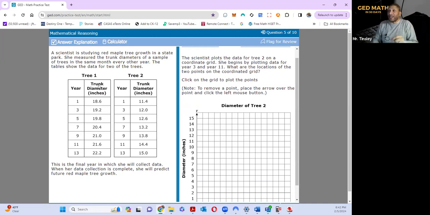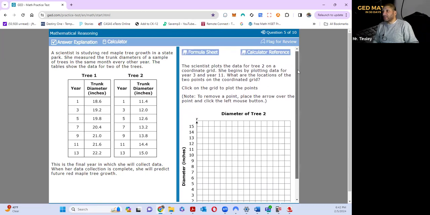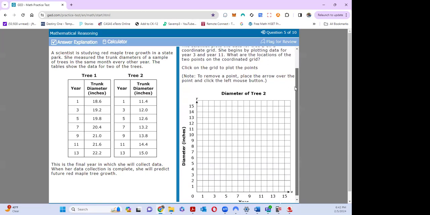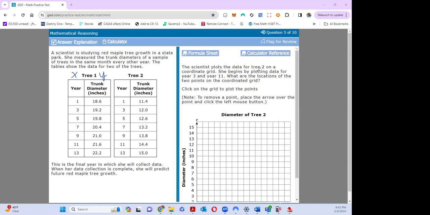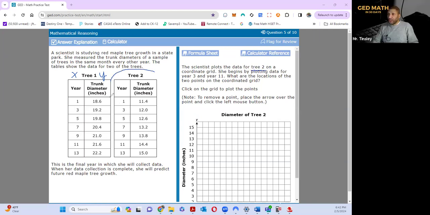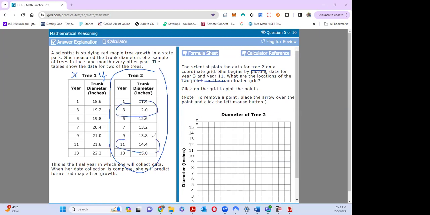We have to understand it doesn't tell you X and Y, does it? They don't tell you anywhere X and Y. You have to understand that X is the independent variable, Y is the dependent. So this is my X, this is my Y. Talking about tree 2, year 3 and 11.